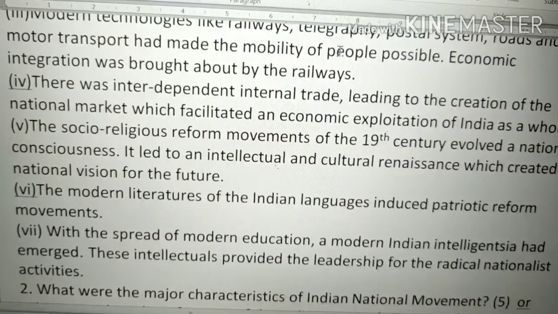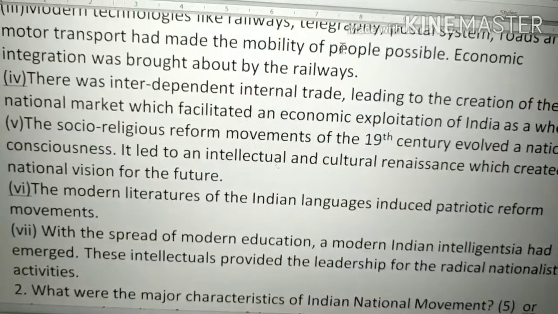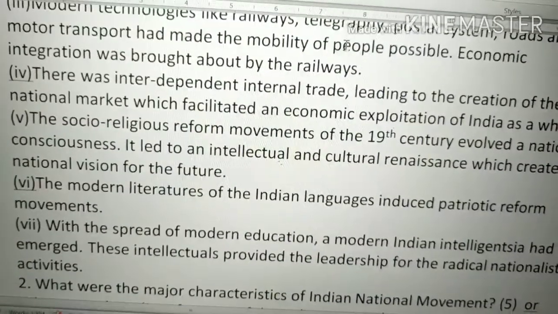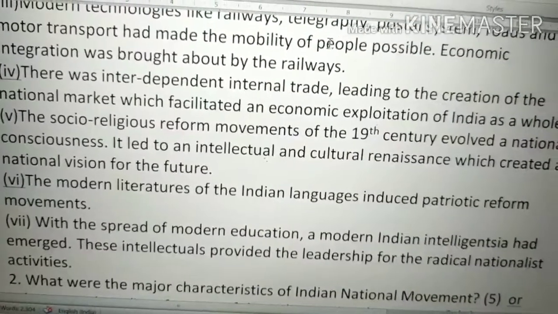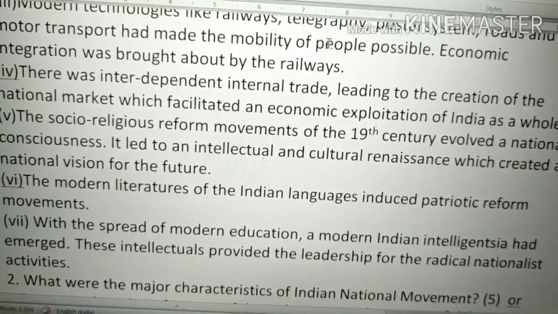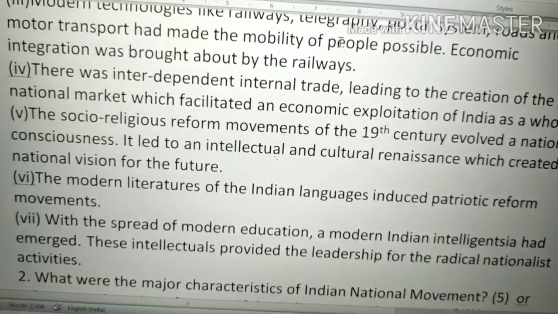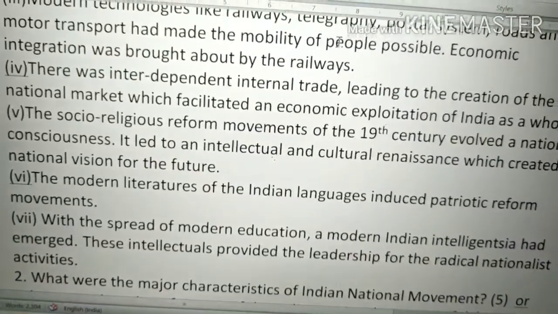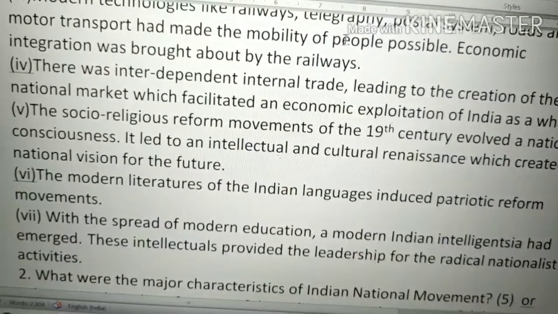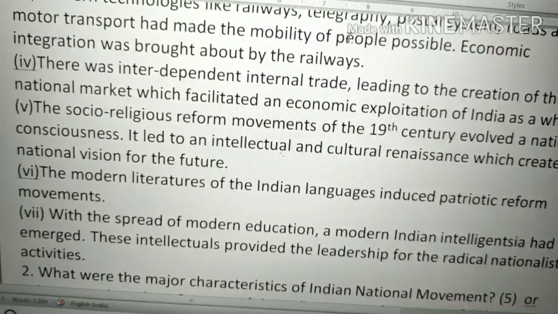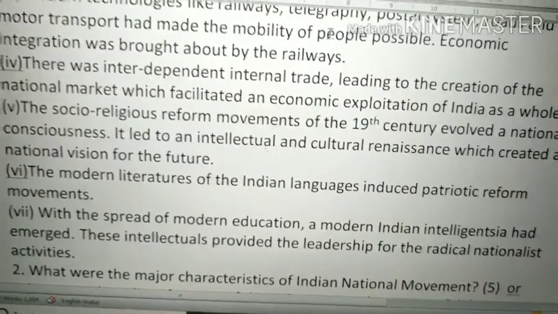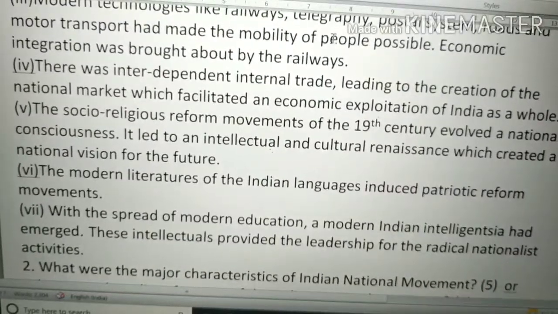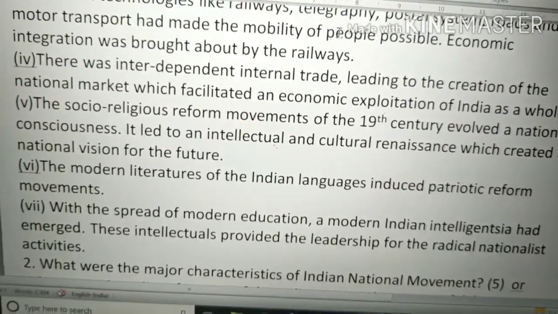Point number 5. The socio-religious reform movements of the 19th century evolved a national consciousness. It led to an intellectual and a cultural renaissance which created a national vision for the future. 6.